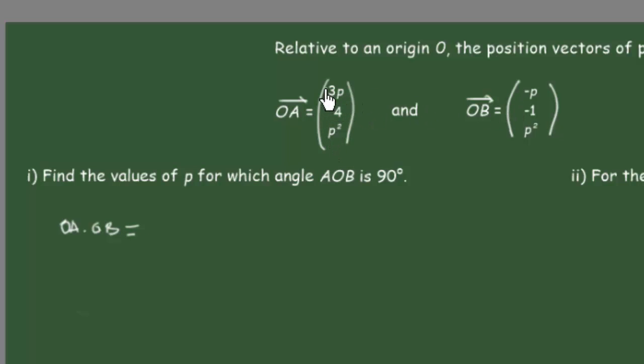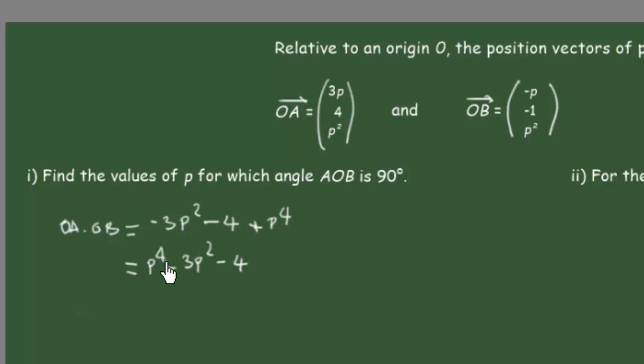This gives us 3p times minus p, which is minus 3p², 4 times minus 1 is minus 4, and p² times p² gives us plus p⁴. We can also arrange this in a different order: p⁴ minus 3p² minus 4.